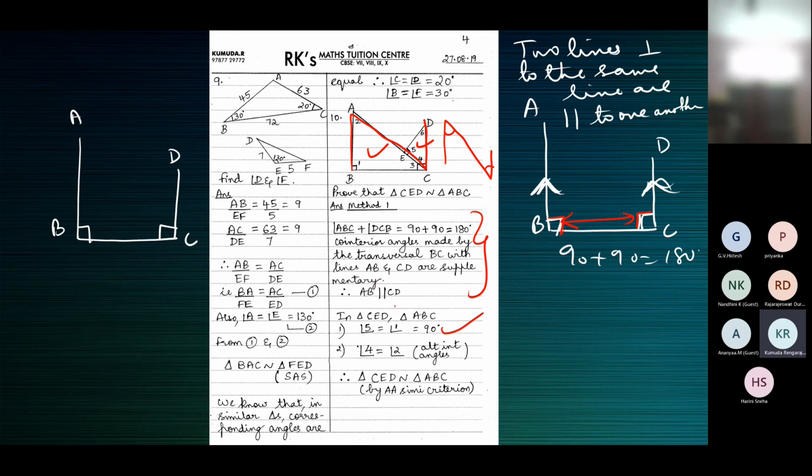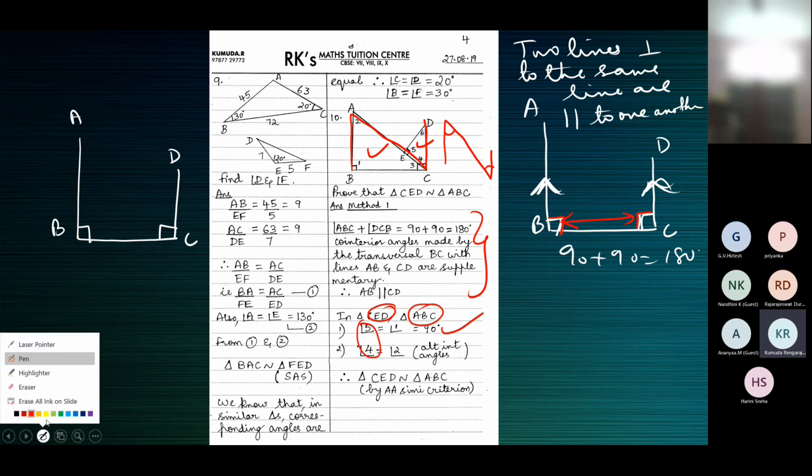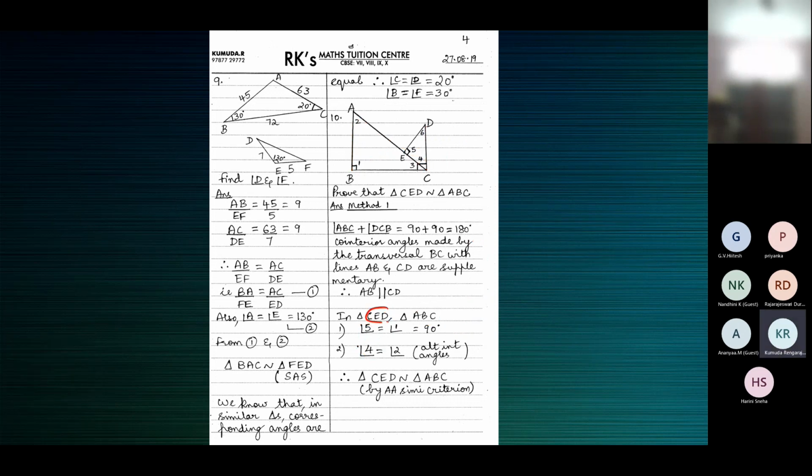When you mention the triangles, it should be about triangle CED and ABC. Which triangle do you mention first? Anything can be mentioned first. So CED, the small triangle first, and then the big triangle ABC. So the information before the equal to sign should be about triangle CED, and after the equal to sign it should be about ABC.